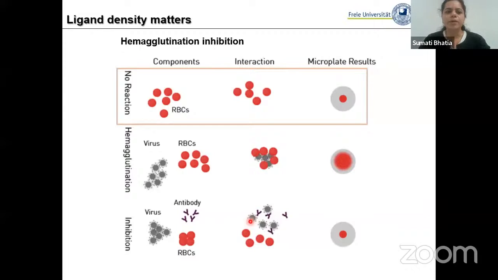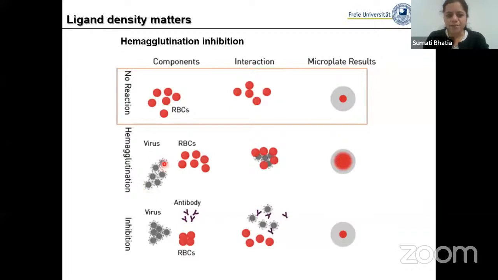This is related to red blood cells, because red blood cells also express a lot of sialic acid on their surface. If we have red blood cells in a test tube, after some time they agglutinate, they interact with each other and form a pellet at the bottom, right?